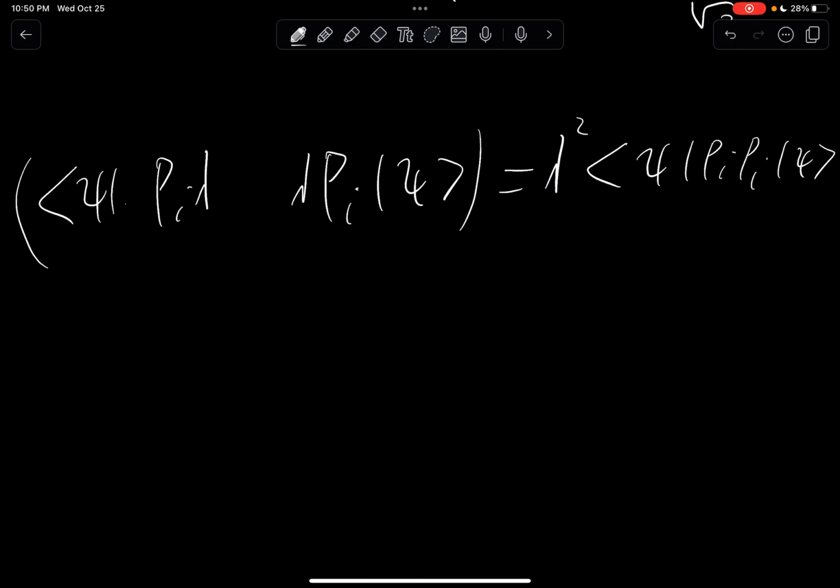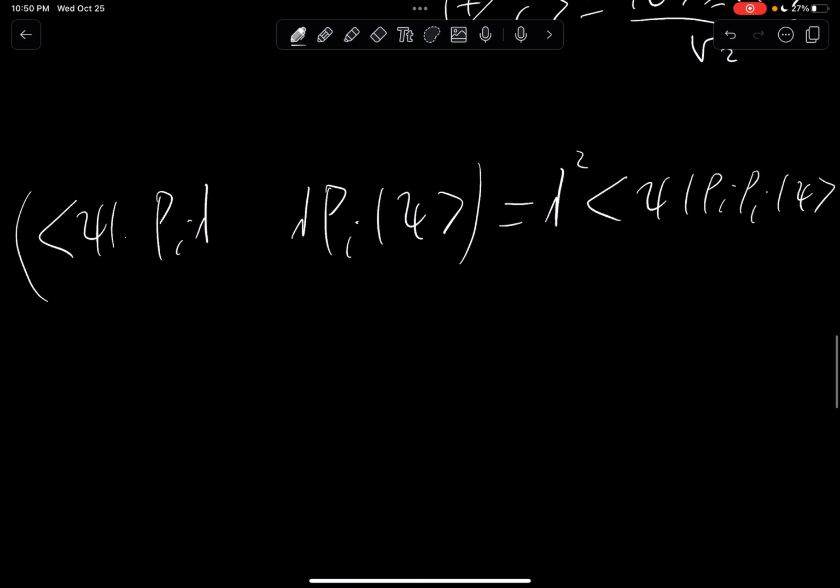Let's see. And we should take the absolute value squared, I guess. Well, this is just equal.